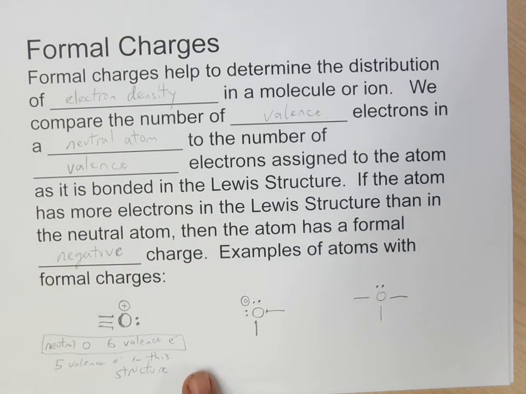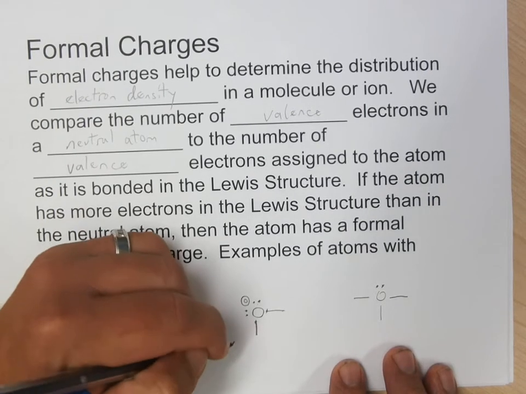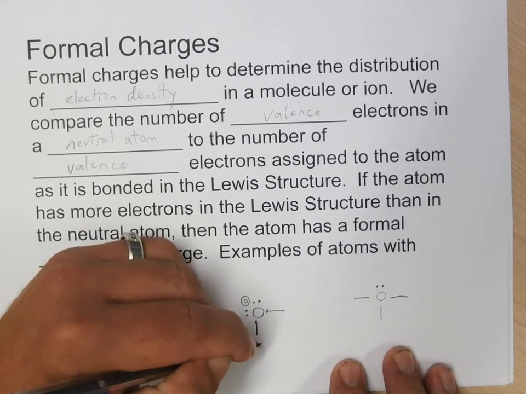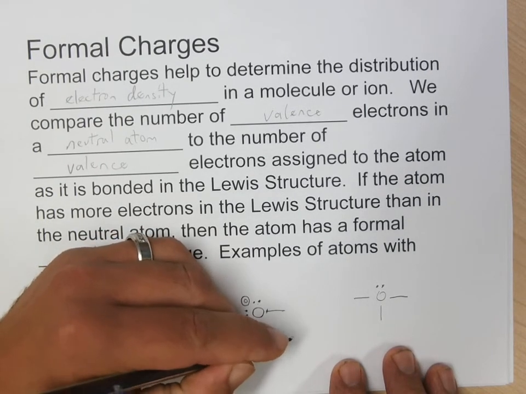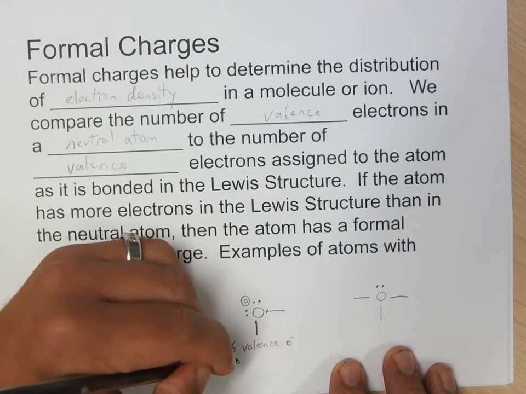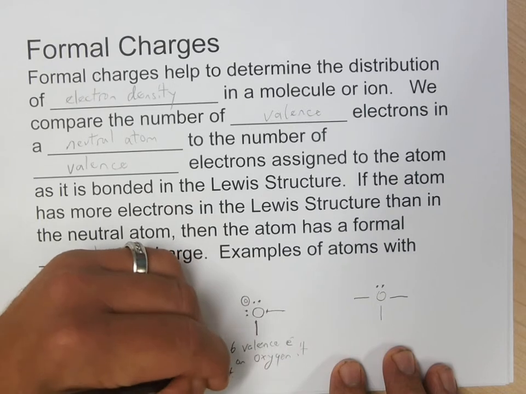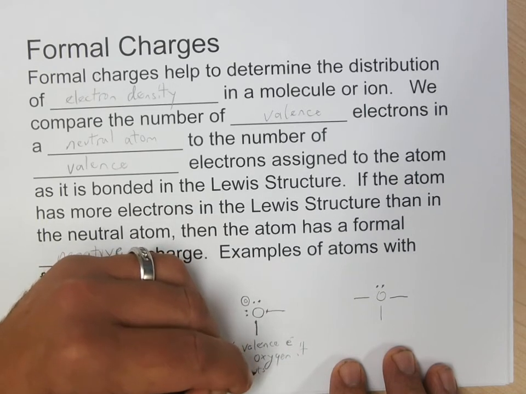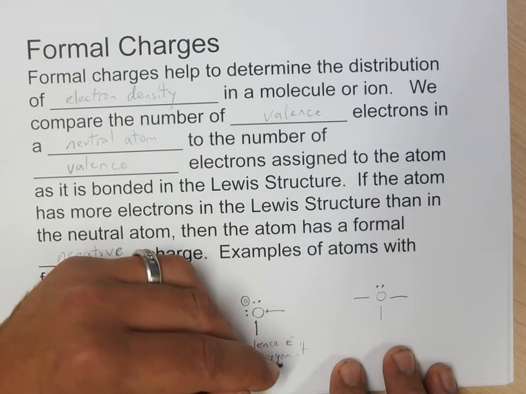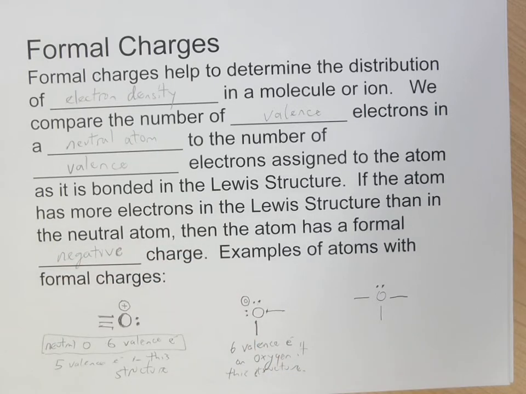So the neutral oxygen has 6 valence electrons. There are 6 valence electrons on the oxygen in this structure, or as it's bonded in this way, so that's a 0 formal charge.